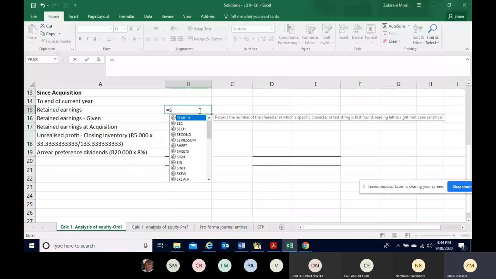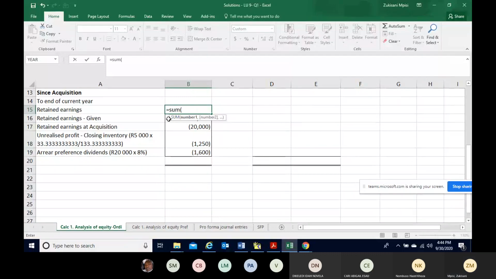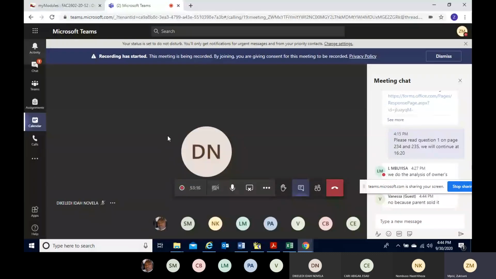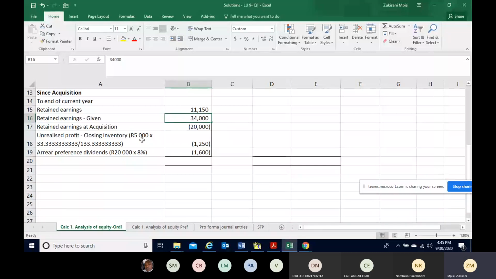So basically, this becomes the movement, and your retained earnings becomes 11,150.